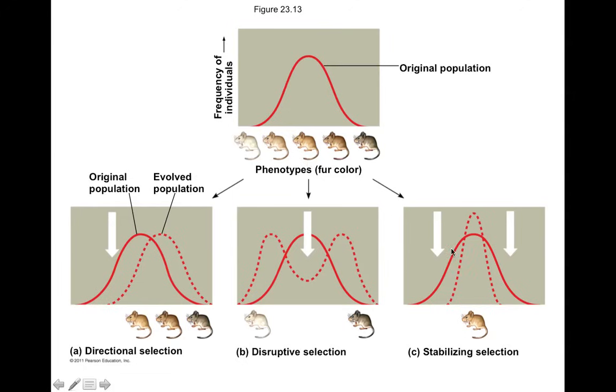Well, maybe the ends of the phenotypic gradient would be eliminated through time, and you'd get a higher proportion of these mid-sized or mid-colored mice, and that would be stabilizing selection. So directional selection, disruptive selection, stabilizing selection.